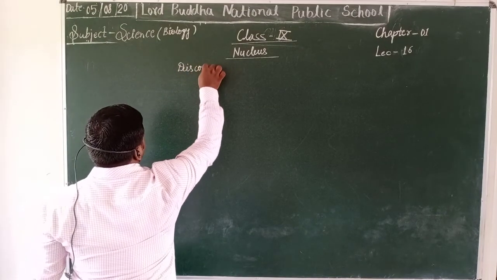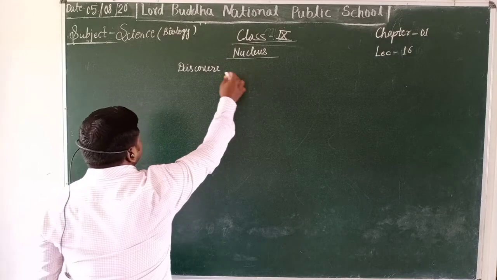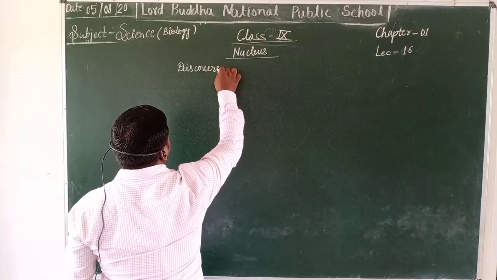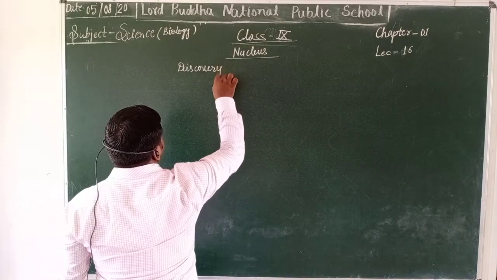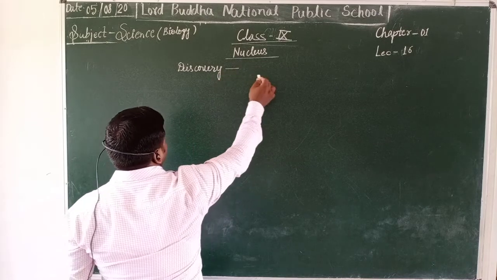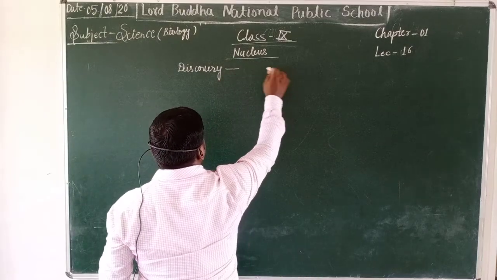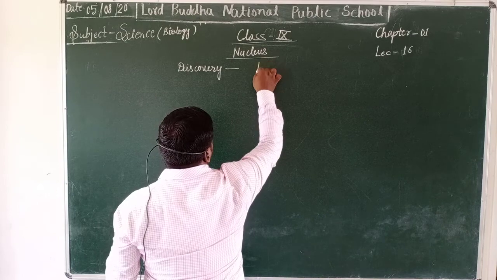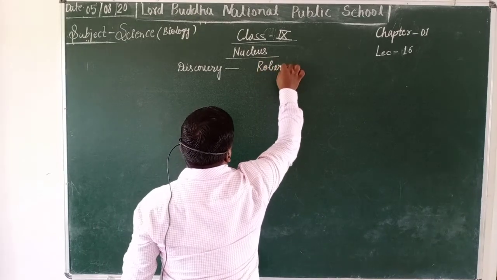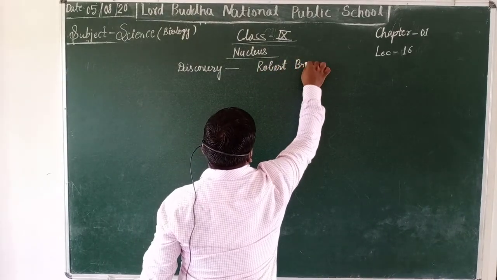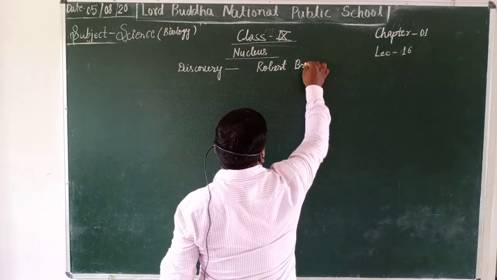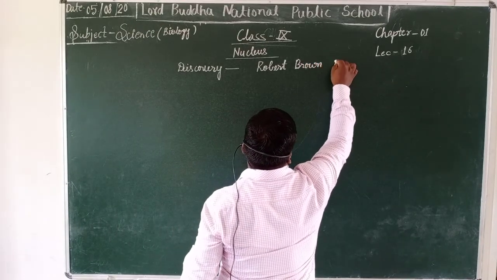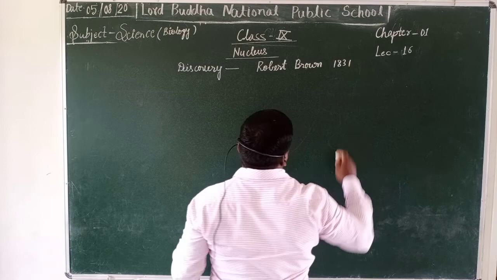First, the discovery of the nucleus was carried out by a Scottish botanist named Robert Brown during 1831.